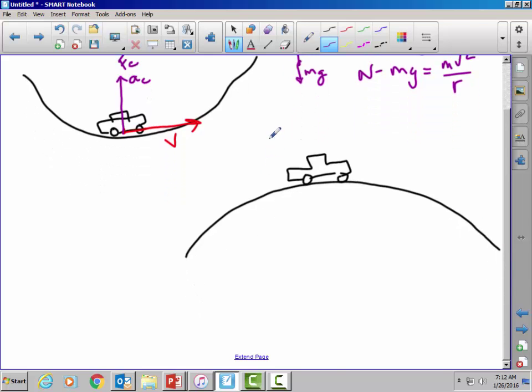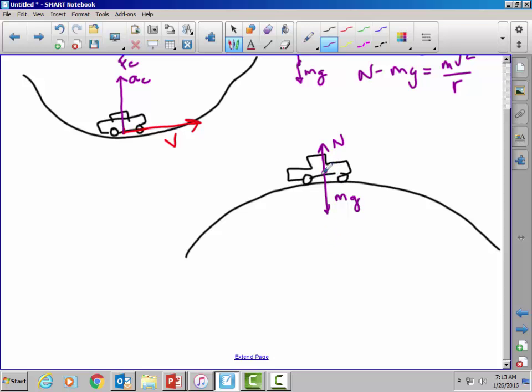So now let's look at the opposite situation when it's at the crest of a hill. And when it's at the crest of a hill, what you have is weight going down, and you have a normal force going up. But this time the normal force is much less because the car stays on the road, right? It is making a circular path, so that means that the net force, or the centripetal force, must point towards the center of the circle.